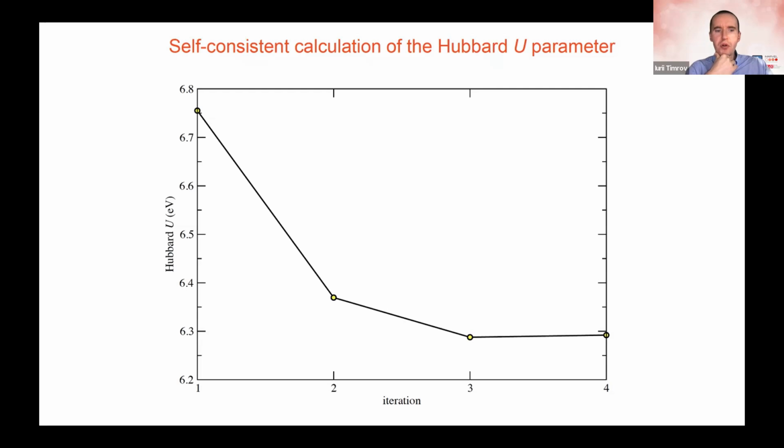But we concluded that actually the global value of U was not good enough because it shifted the empty states too much. So we need a more refined version of DFT+U and DFT+U+V, because using the global value of U for empty states is not working very well.